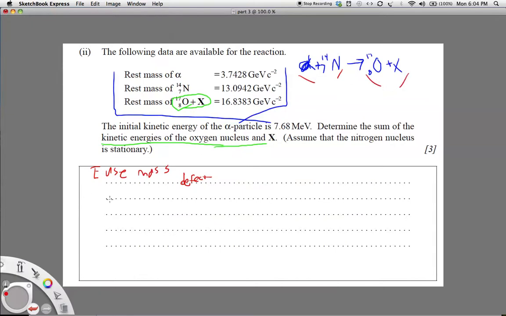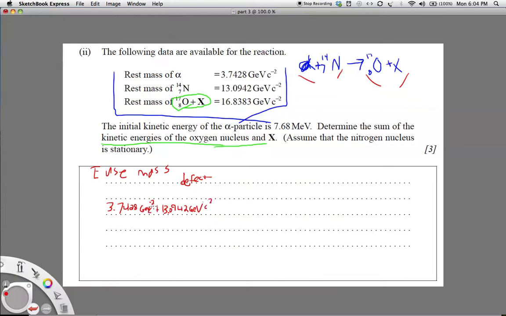The mass on the left-hand side, alpha particle plus N, is 3.7428 GeV times c to the negative 2, plus 13.090942 GeV times c to the negative 2.